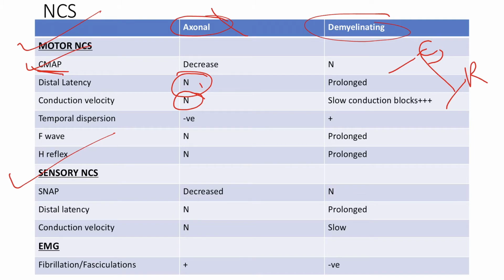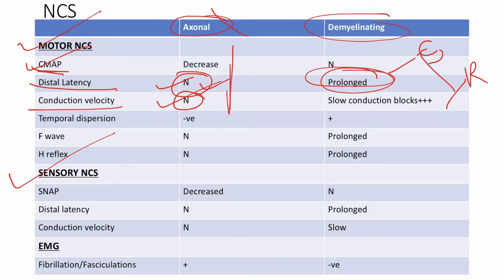Only in demyelinating neuropathies is there prolongation of distal latency. Demyelinating means conduction velocity will always be slow, with prolonged distal latency, whereas in axonal you will get normal distal latency and normal conduction velocity.